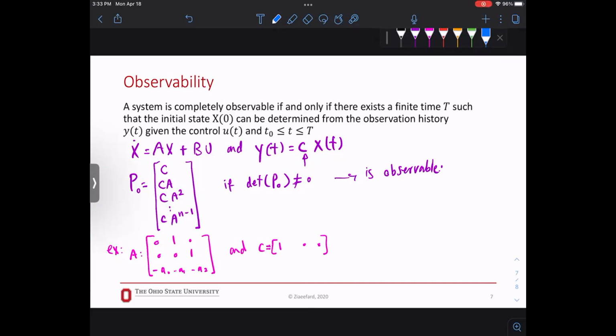For this one, CA would be 0, 1, 0, CA squared would be 0, 0, 1. Now, your P0 becomes 1, 0, 0; 0, 1, 0; 0, 0, 1, right? The determinant of PO is not 0. It's going to be 1, which is not 0, so it is observable.